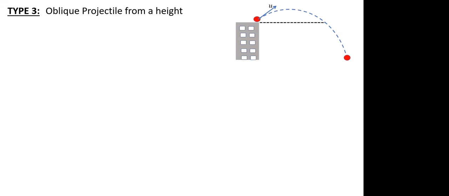If I just tally the height of the building, you can observe that the upper section above the black line is similar to a ground projectile, because it is from one level to another level. It means all the formulas which you have calculated, I can apply over here.